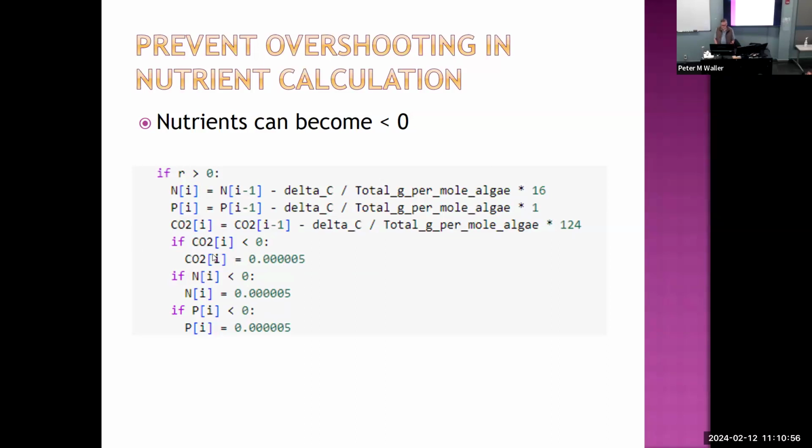Okay, so as you saw in your code, if you just prevent the concentration from going below zero, you solve that problem. But that's really not very realistic, to keep the concentration at that value.